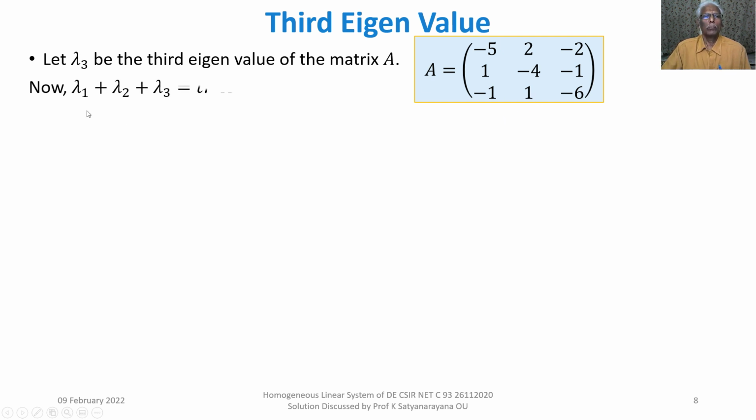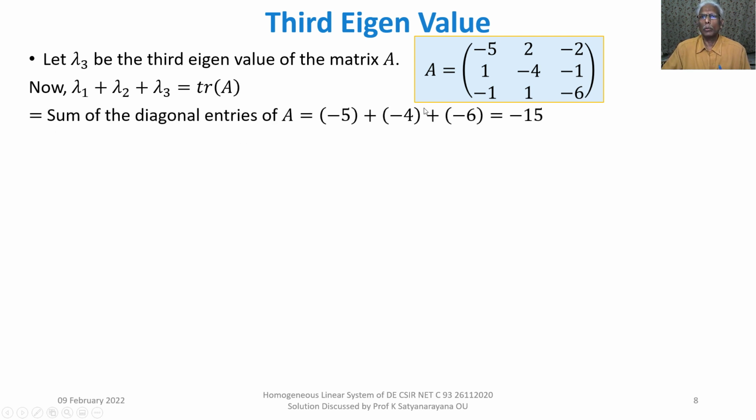Lambda 1 plus lambda 2 plus lambda 3, the sum of the eigenvalues, is equal to the trace of the matrix A, which is the sum of the diagonal entries of A. That is minus 5 plus minus 4 plus minus 6, that is minus 15. Lambda 1 is minus 3, lambda 2 is minus 5, and lambda 3 will be minus 7.